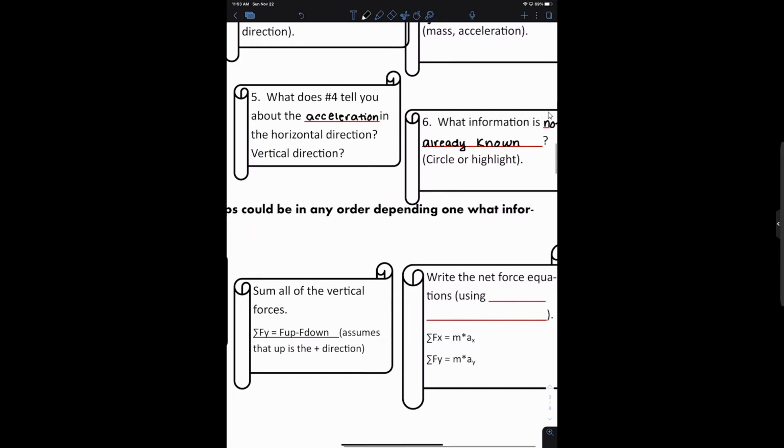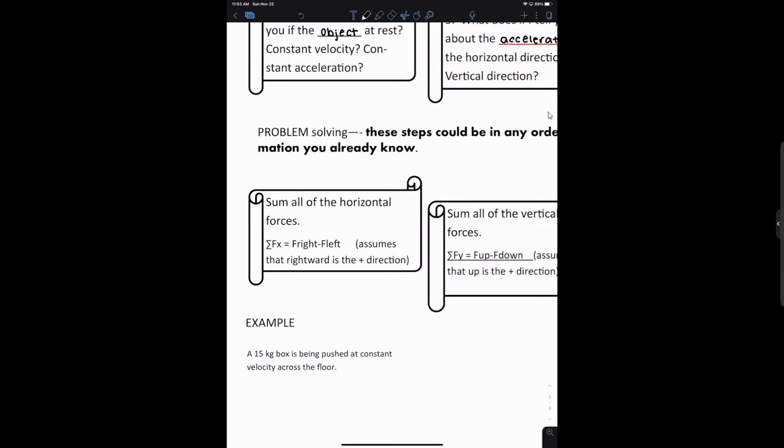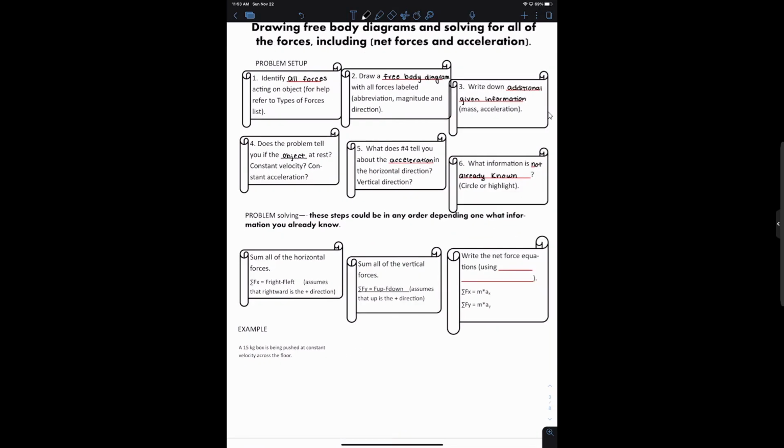Okay, so then there's a couple of problem-solving steps, and I separate these because the previous stuff is really part of your problem setup, and the next part is truly the math that you're going to be doing. One of those steps is summing all of the horizontal forces: the net force in the x direction is equal to the forces to the right minus the forces to the left.